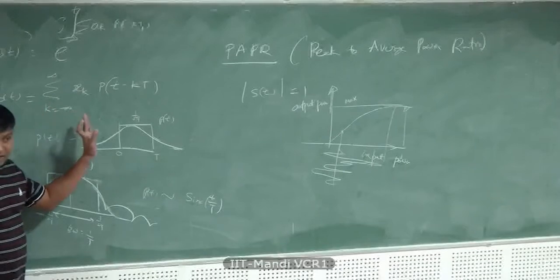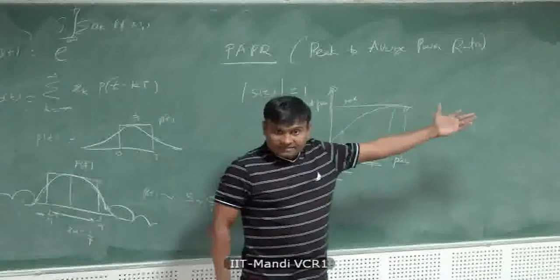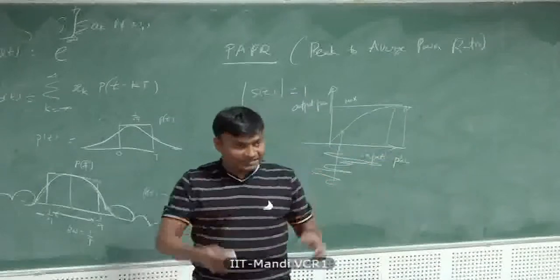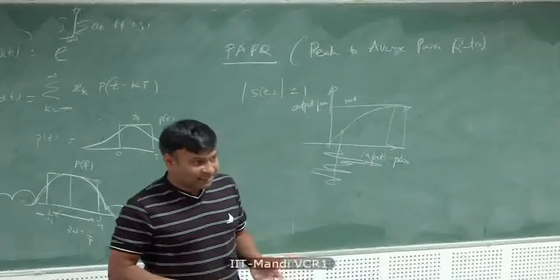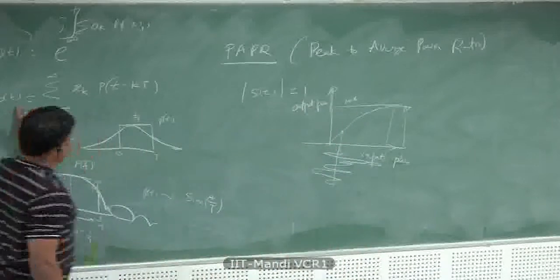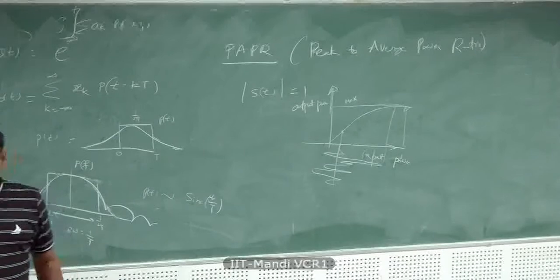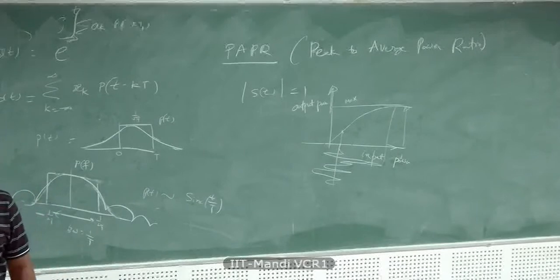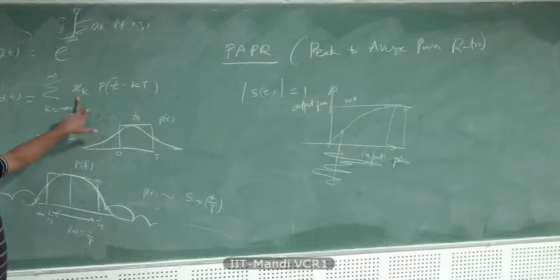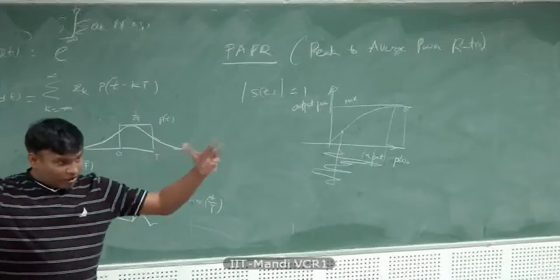Luckily, these kinds of waveforms are sort of acceptable because the PAPR metric, if it is 1, that is ideal. Peak and average are the same, right? For QPSK, the PAPR is on the order of 5 or 6 decibels. So there is a factor of 4 swing around the mean for QPSK. So if we change it to 16 QAM, the swings will increase because 16 QAM has points all over the constellation.